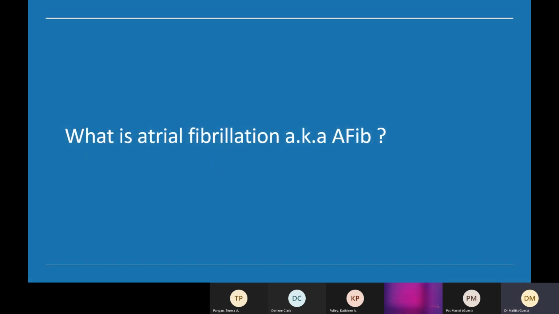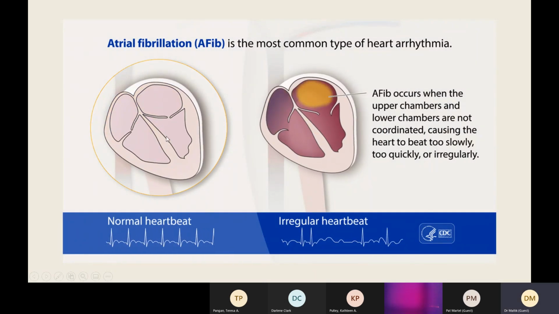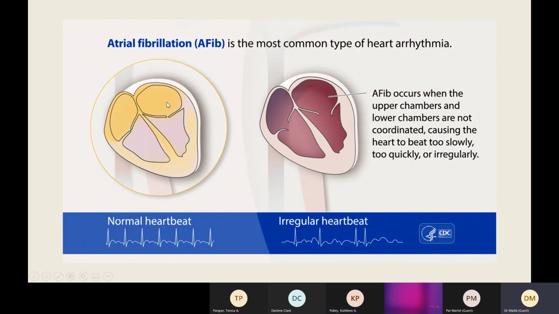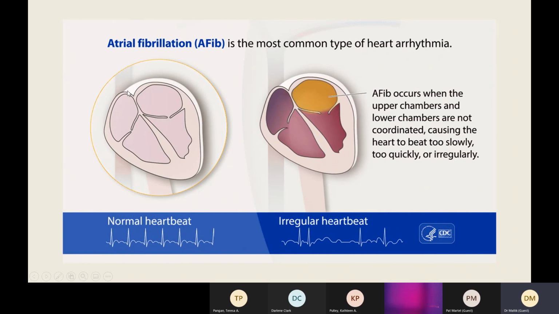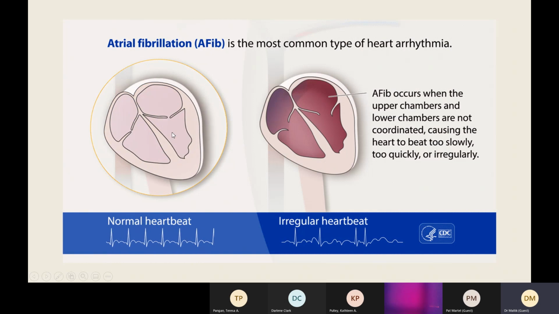So atrial fibrillation, also known as AFib or AF, what is it? Can you see my mouse pointer hovering, Kathy? Yes, we can. Okay, so on the left, the diagram shows that the heart has two upper chambers, a right upper and a left upper chamber, and two lower chambers.